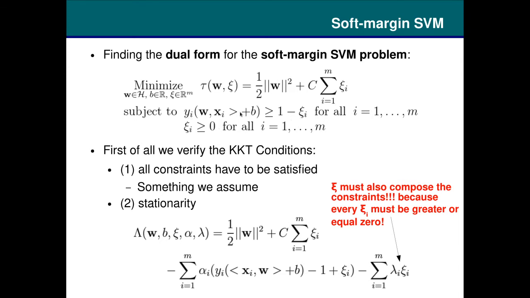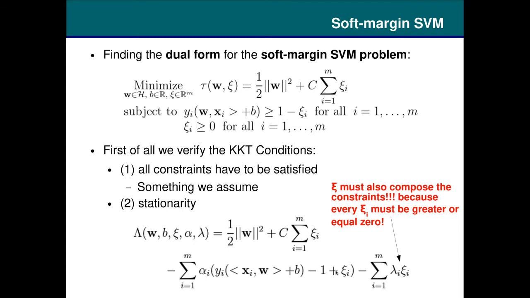Which are my constraints? First constraint is this one, okay? And I have to make it equal to 0, so I bring those terms to this side. This is going to be -1 plus psi_i equals 0. So it's going to be this whole term times the Karush-Kuhn-Tucker multiplier, alpha_i, as before.